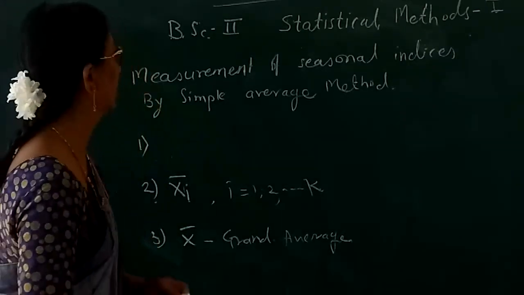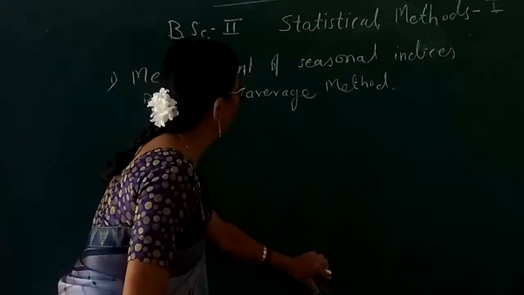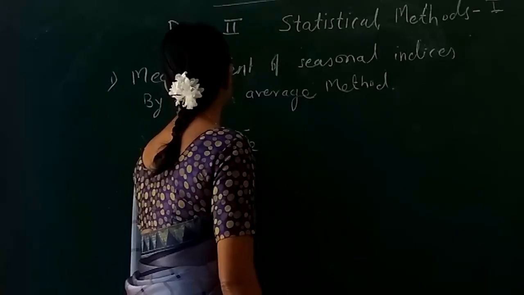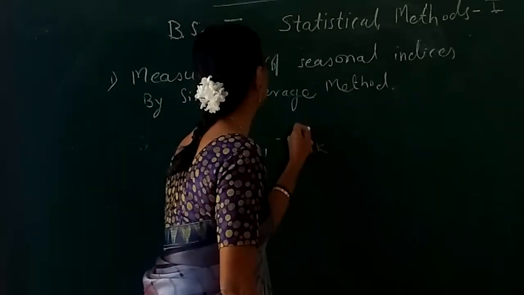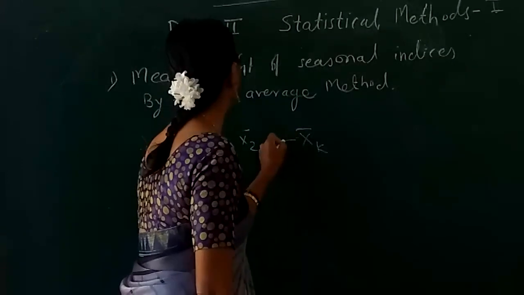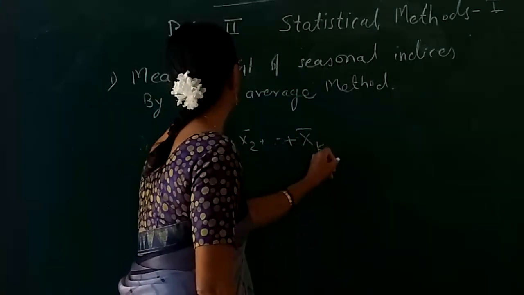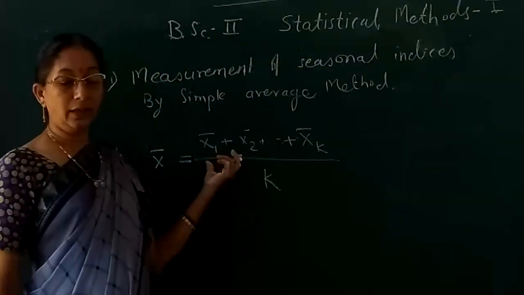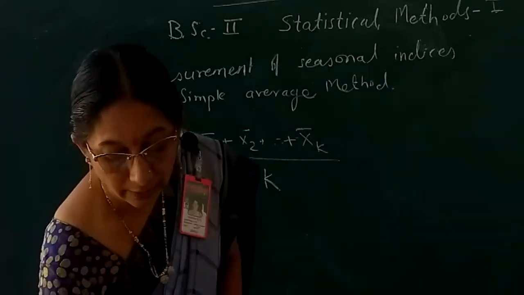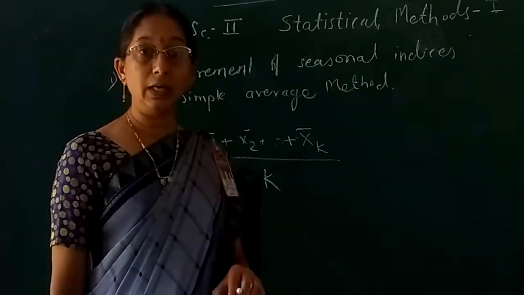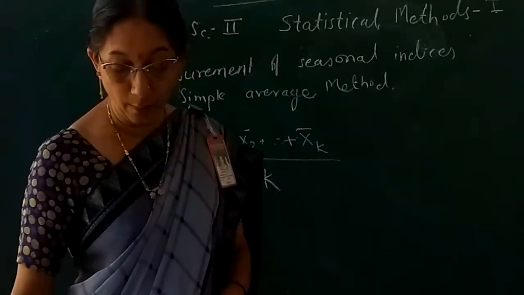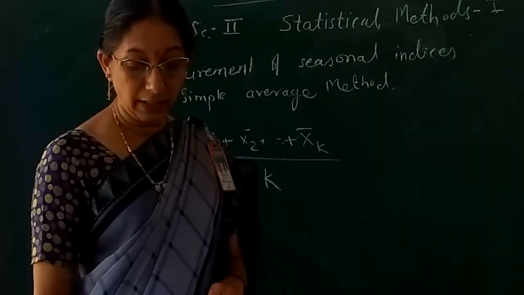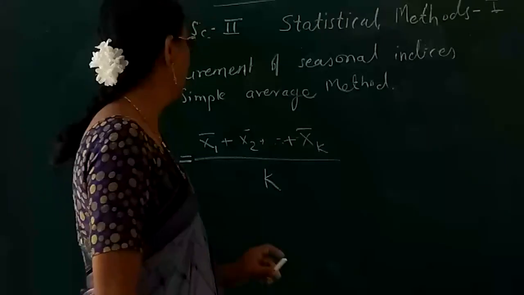Thus, we get X1 bar plus X2 bar and so on up to Xk bar, and then the grand average means taking the addition of these whole divided by K, giving X bar. We find the grand average. Seasonal indices for different periods are obtained by expressing each period average as a percentage of the overall average X bar.